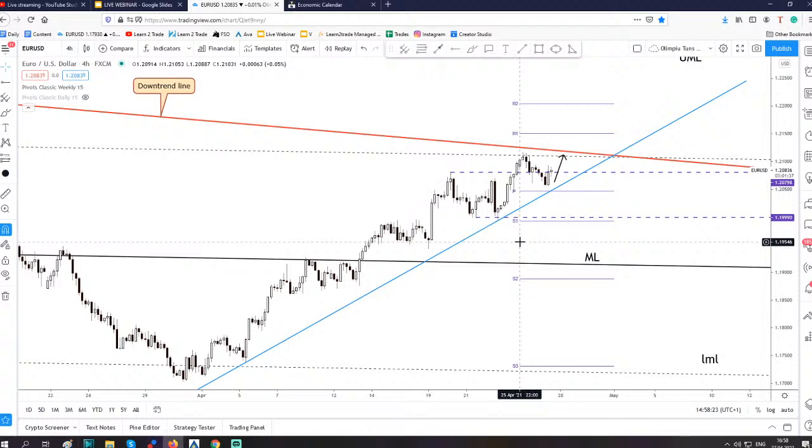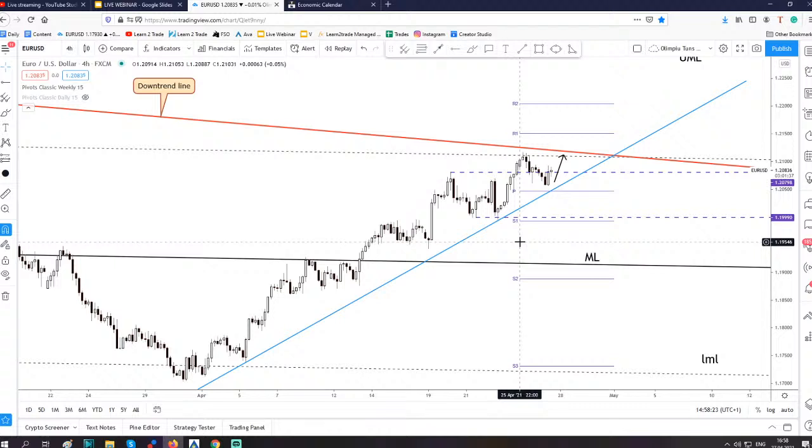Okay, and if it will close and stabilizes right above 1.2079, then it could continue to increase with a potential target here at the downtrend line. Guys, personally I still believe that the pair could approach and reach it after this failure to reach the downtrend line in the last attempt, right?